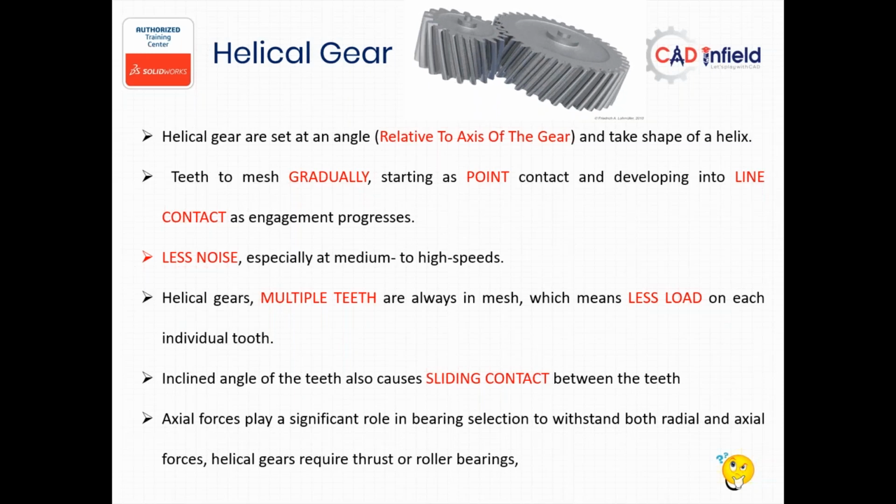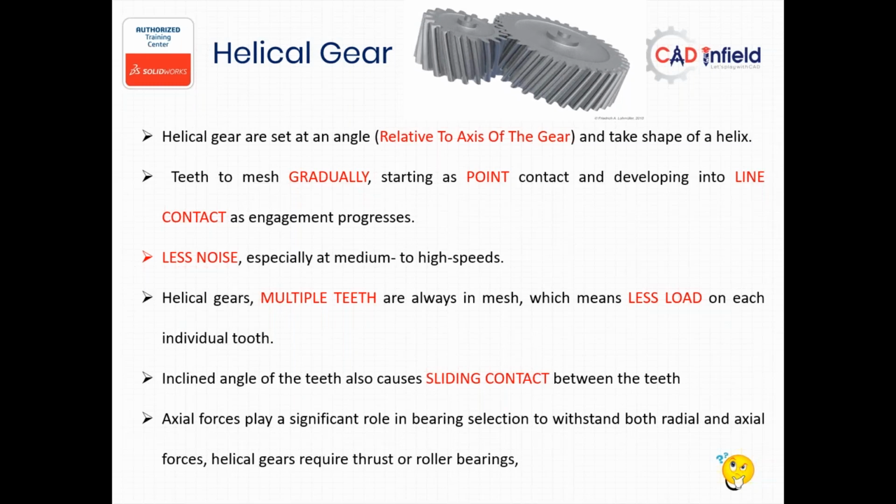So this has very little noise, because less vibration is created, and it can be used for medium to high speed. But because the engagement happens along the axis, understand, the shaft axis comes into the picture.